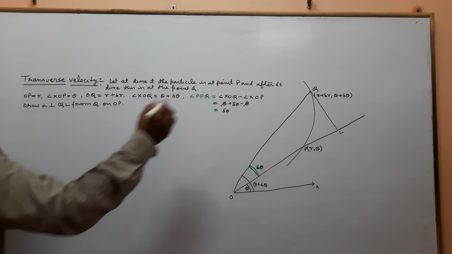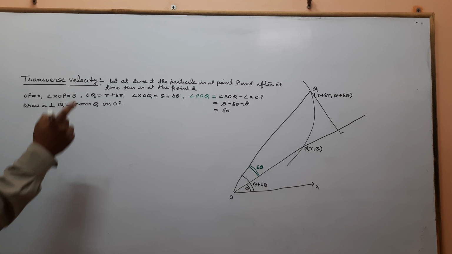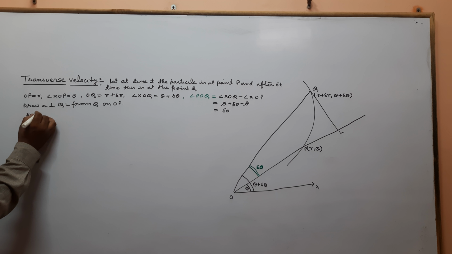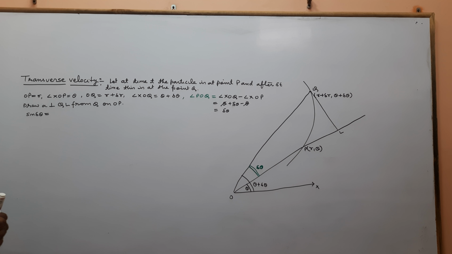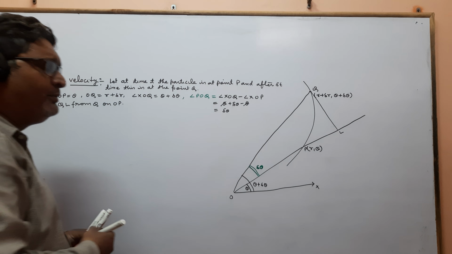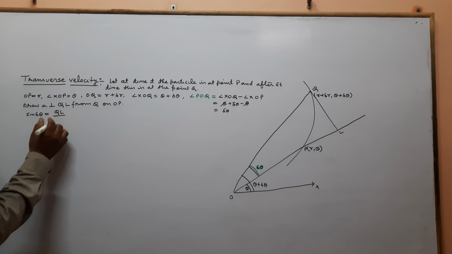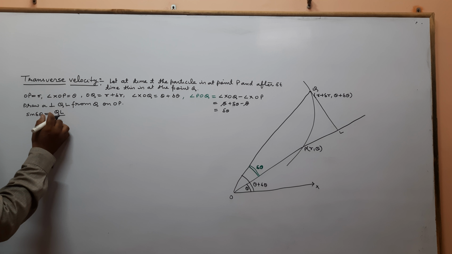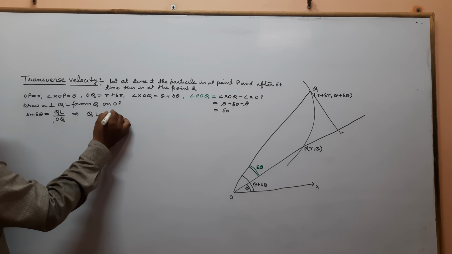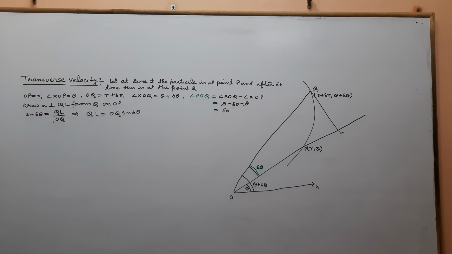So first we can see here in triangle QOL, sine del theta is the perpendicular upon hypotenuse. So this is QL upon OQ, and we find QL is equal to OQ sine del theta.